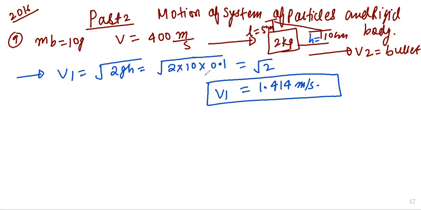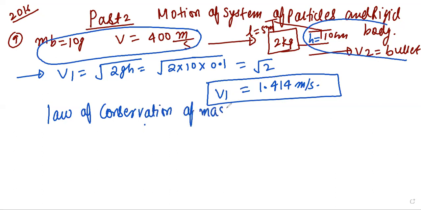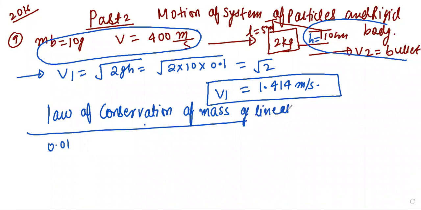So the velocity of the bullet after collision will be v2. Using the law of conservation of linear momentum, the momentum before striking and after coming out should be the same. Momentum is given by P equal to mass into velocity.